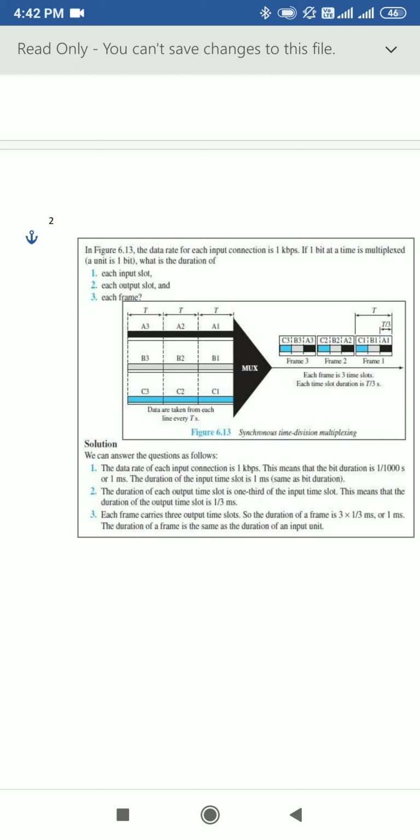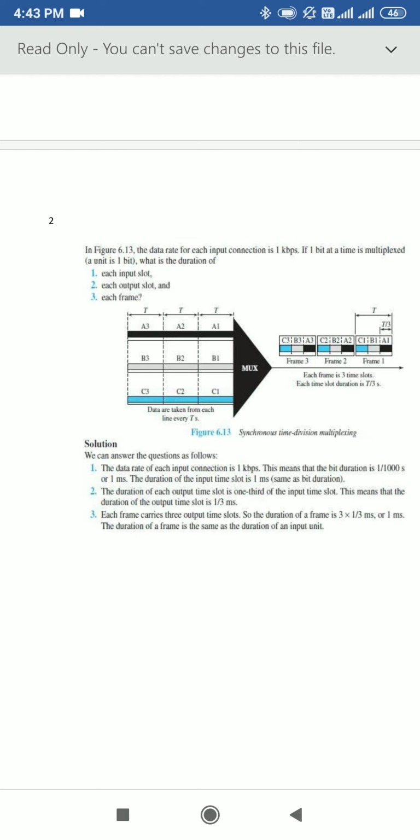Multiplexing combines multiple signals and transmits them over a single link at one time. That is nothing but the concept of multiplexing. In the multiplexing technique, there are mainly three types: frequency division multiplexing, time division multiplexing, and wavelength division multiplexing.